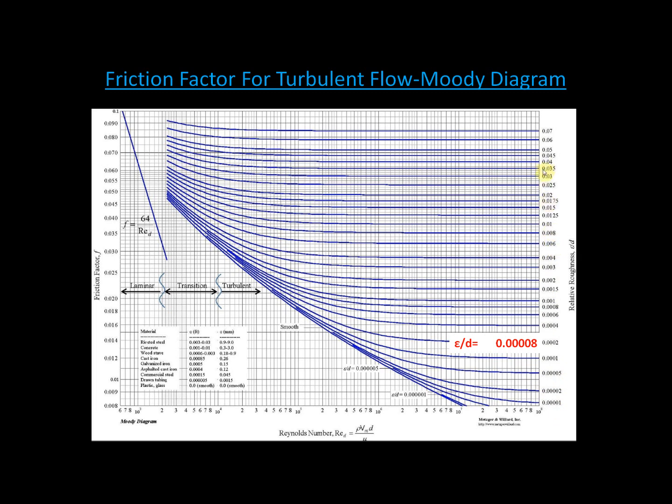I'm going to index the relative roughness, and it's between 0.0005 and 0.0001. So, based on my knowledge of logarithmic scales, to the best of my abilities, I determine where that value is, and I'm going to create a curve that mimics the curves for each relative roughness.